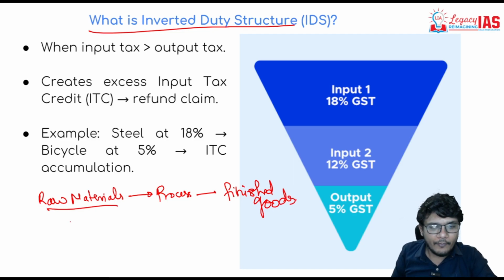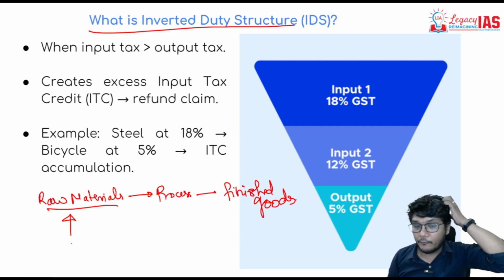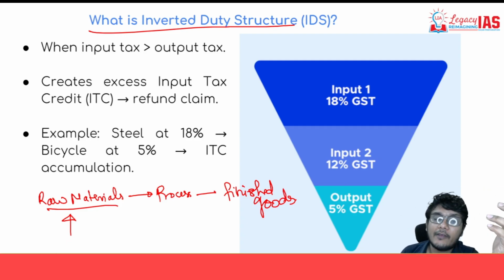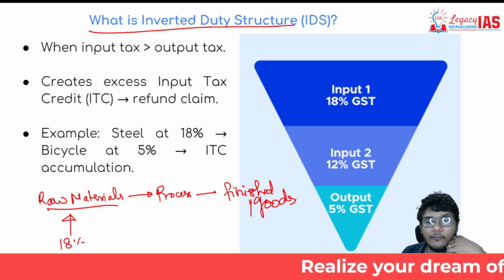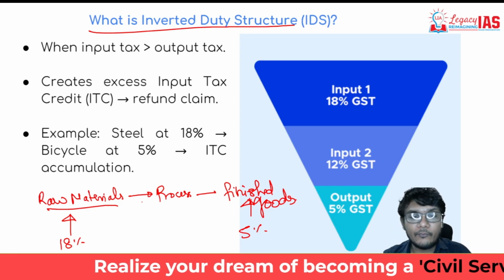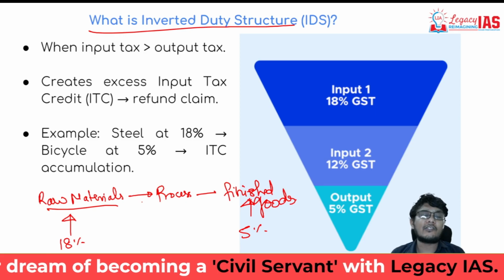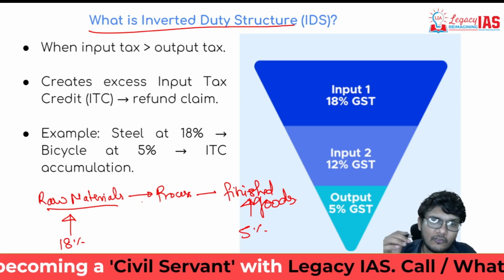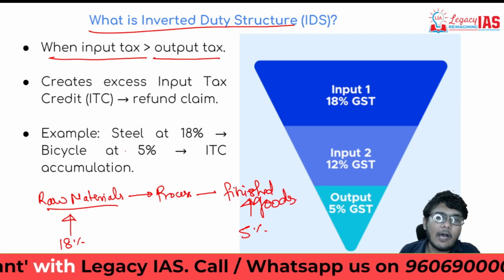Now we have two broad slabs, that is 5 and 18%. So the raw material is taxed at 18% and the finished good is taxed at only 5%. A situation wherein the raw materials are taxed at a higher rate than the finished good is known as the inverted duty structure, which means the input tax is higher than the output tax.